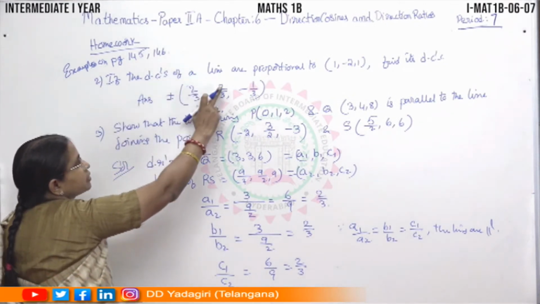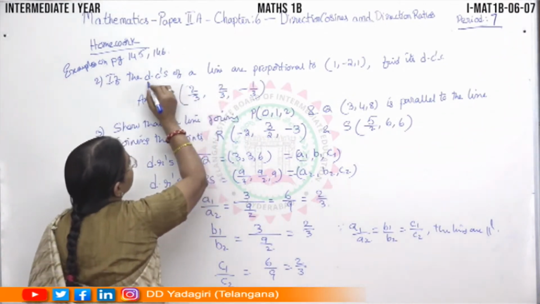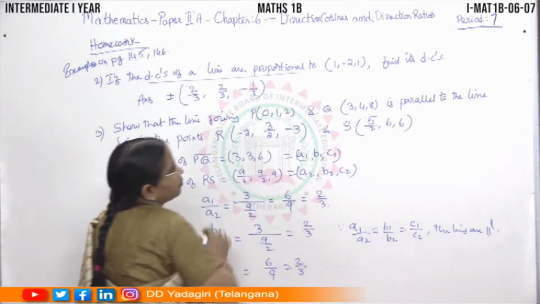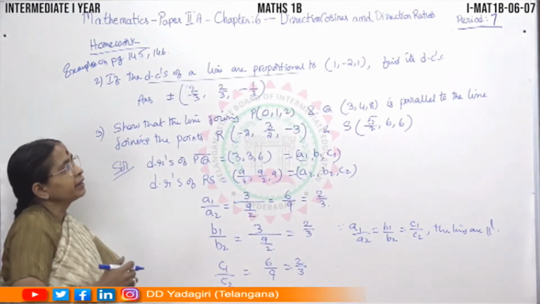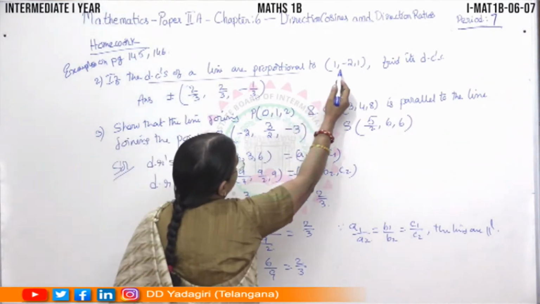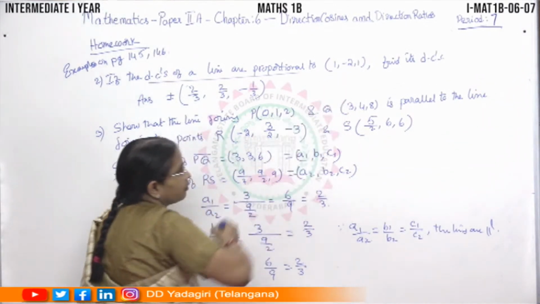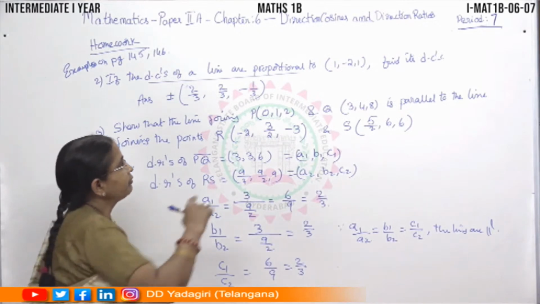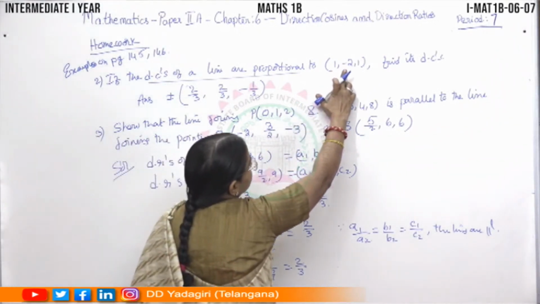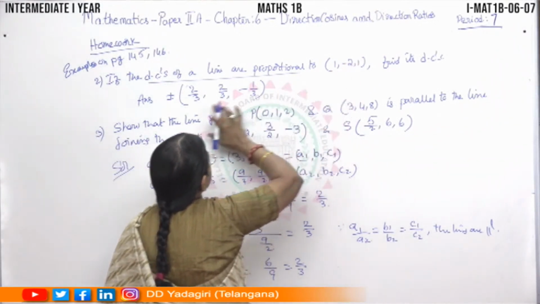If the direction cosines of a line are proportional, or DCs of a line are proportional, means they are the direction cosines. To convert them to direction ratios, you will divide by root of 1 square plus -2 whole square plus 1 square. That is 3, 9.